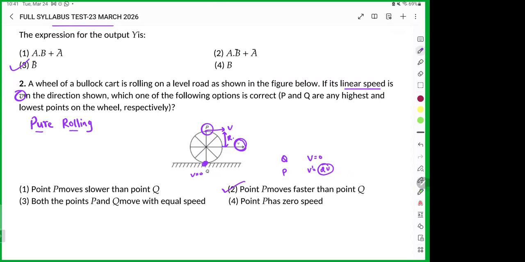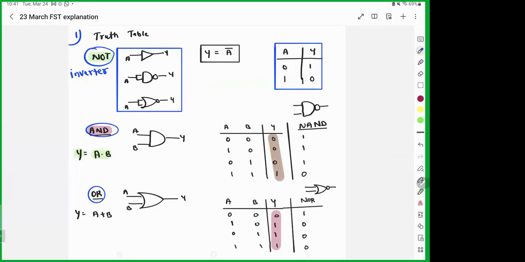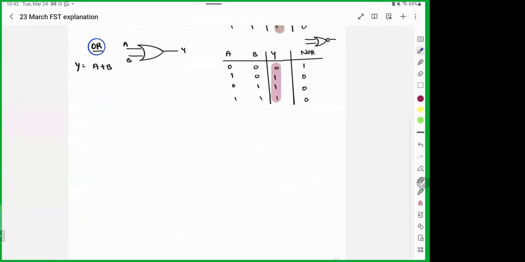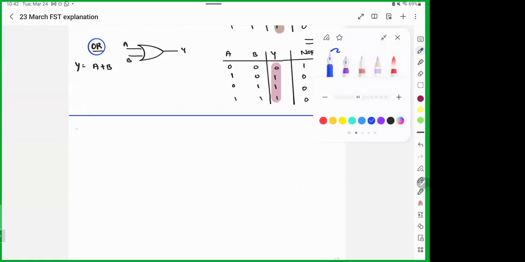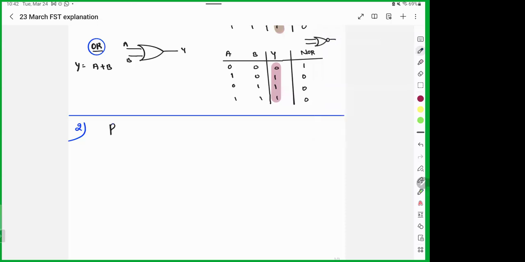But what you need to write in this key, in question number 2, whenever you have pure rolling motion, to kya hoga in case of tire, example this is a car tire and this is in contact with the ground.